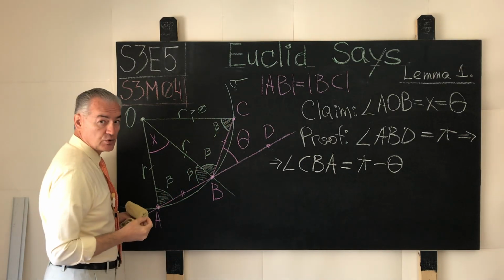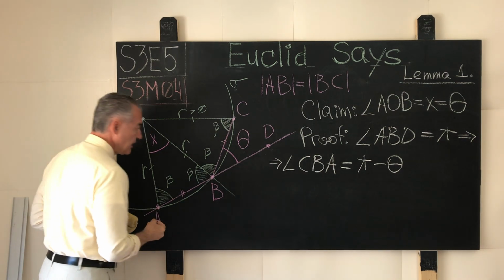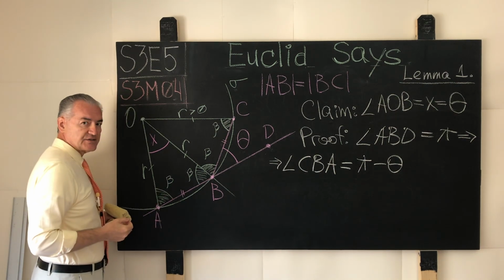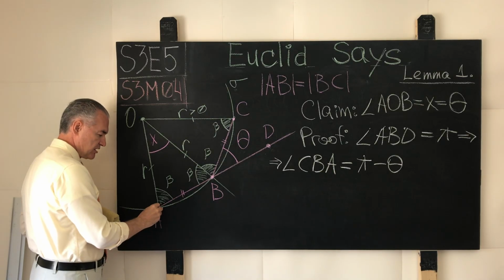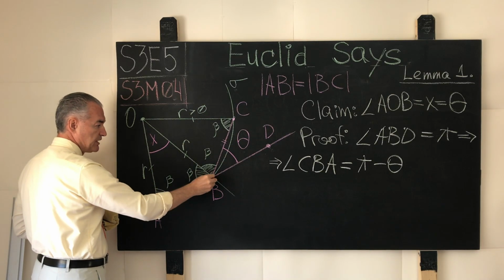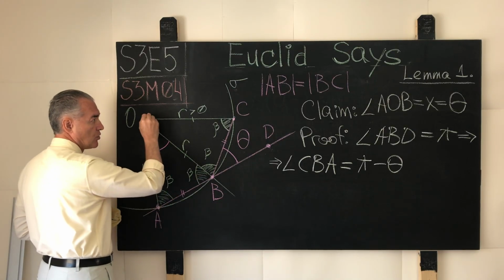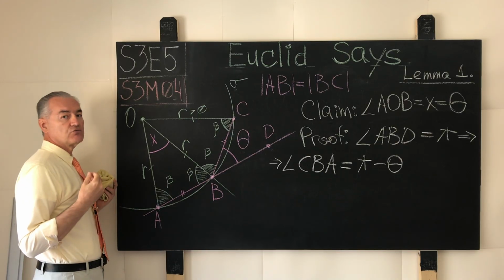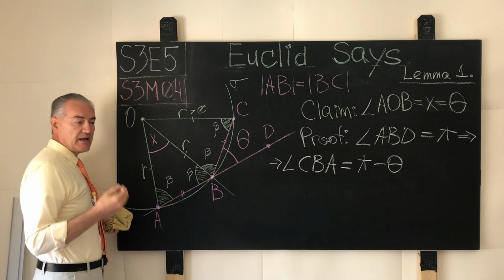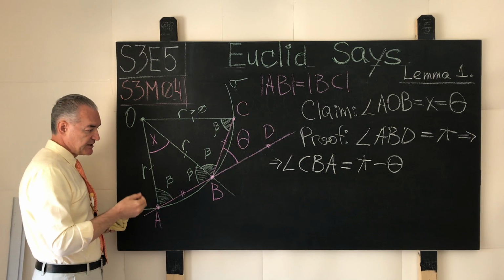On the other hand, what do we have? On the other hand, we have two triangles that are isosceles. Why are they isosceles? The triangle AOB and the triangle BOC are both isosceles, and they're actually both congruent by what? By S, S, S, side, side, side.